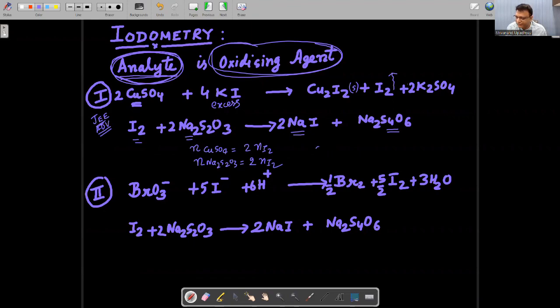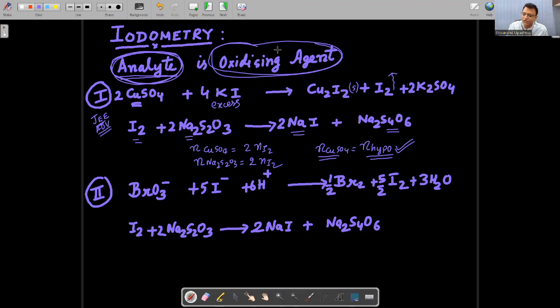So we can say that the number of moles of copper sulfate is equal to the number of moles of hypo. When we do the titration, we know the information about hypo. They will give the molarity and volume of hypo used. By knowing the moles of hypo, we can find the number of moles of copper sulfate. So we can find the percentage of copper +2 ion or copper sulfate in the mineral, because there are certain impurities which are inert.